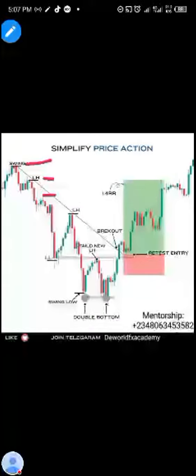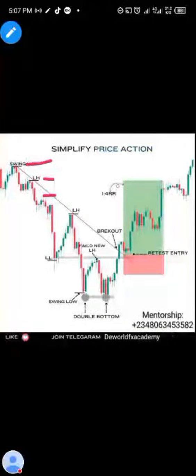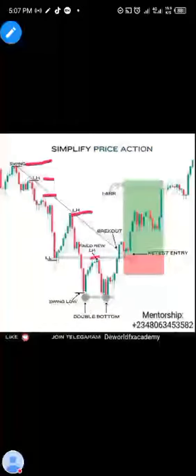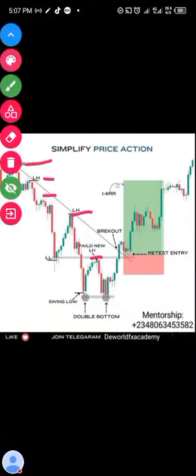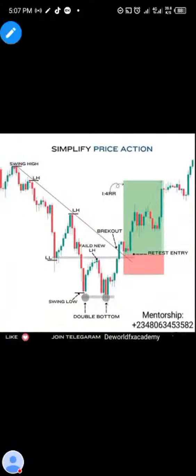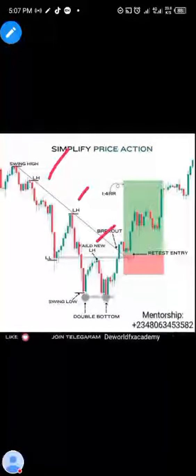It made another high, and this high is lower than the previous one. As long as it's still giving lower highs, lower highs, lower highs, that tells you that definitely this market is trending down.